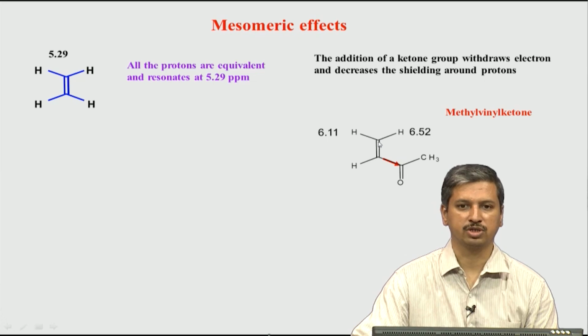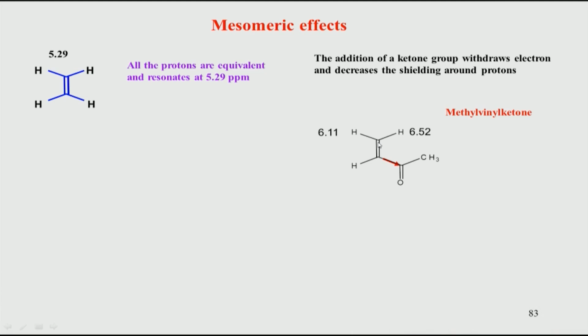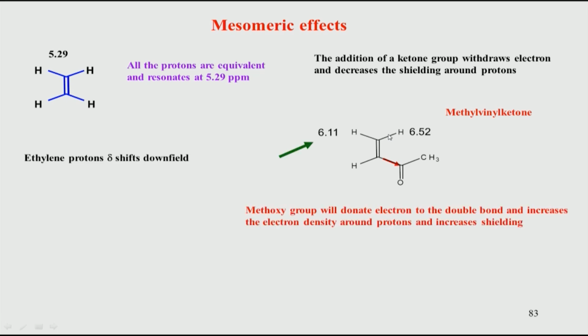This is similar to what we saw in the previous slide, it is a resonance effect. Because of the positive charge here, these two hydrogens now lose electron density, because all the electron density is being withdrawn towards this oxygen. Because of this loss of electron density, they go downfield shifted, meaning a higher ppm value, and that is how it can be explained.